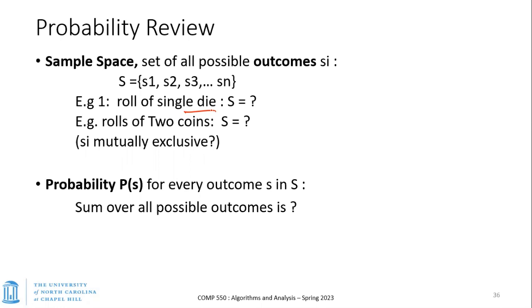If you toss 2 coins, and each one of them can have head or tail, what's the total possible outcomes? 4. And what are they? All of those combinations, right? Are these outcomes mutually exclusive? People are nodding, right? So in any particular experiment, if you're rolling a die, you have one of those numbers.